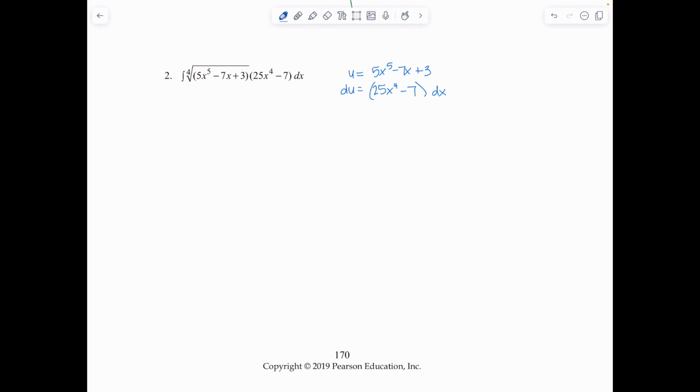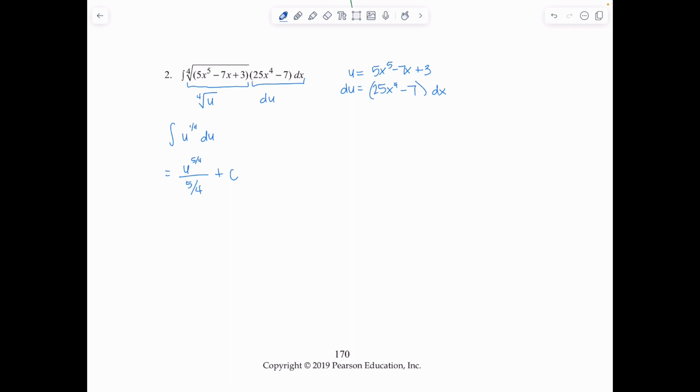Luckily, I see that here I have the 4th root of u, and here I have du. So it's completely substituted. So let's rewrite it. Integral of u to the 1/4 du. If we take the integral, then we'll have u to the 5/4 over 5/4 plus c.